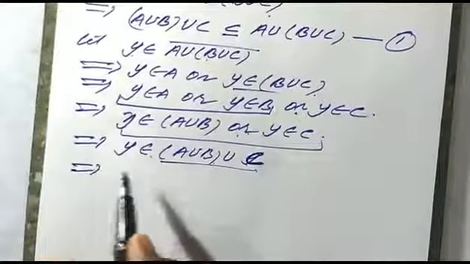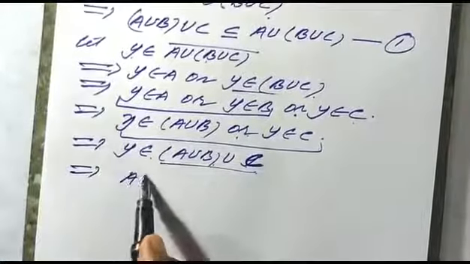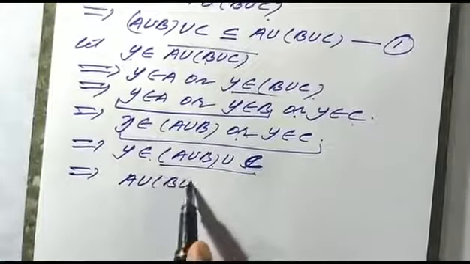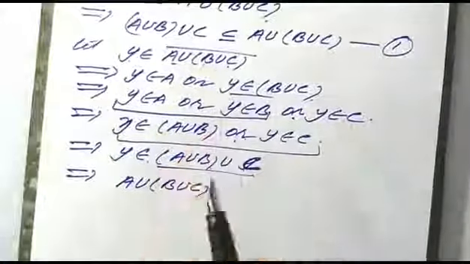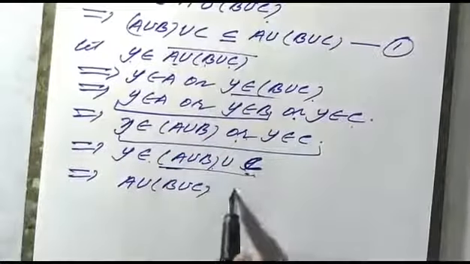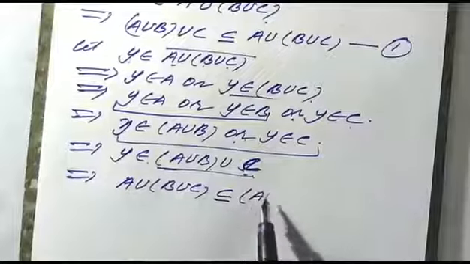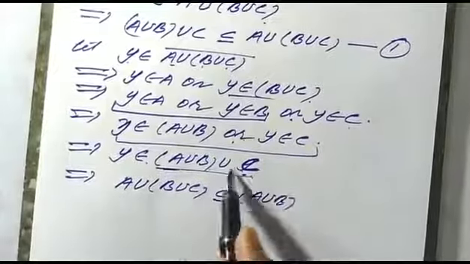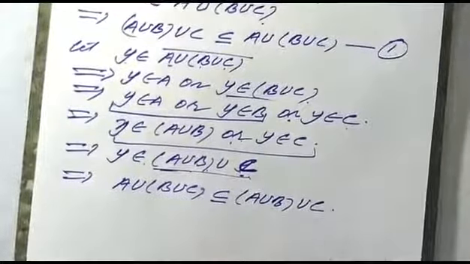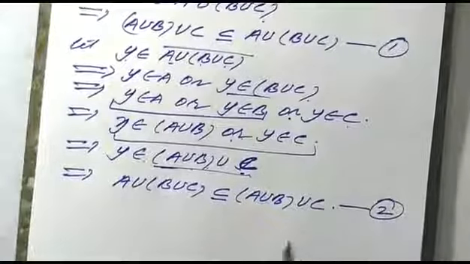So we may infer from this that A union (B union C) is a subset of (A union B) union C. So let it be equation number 2.